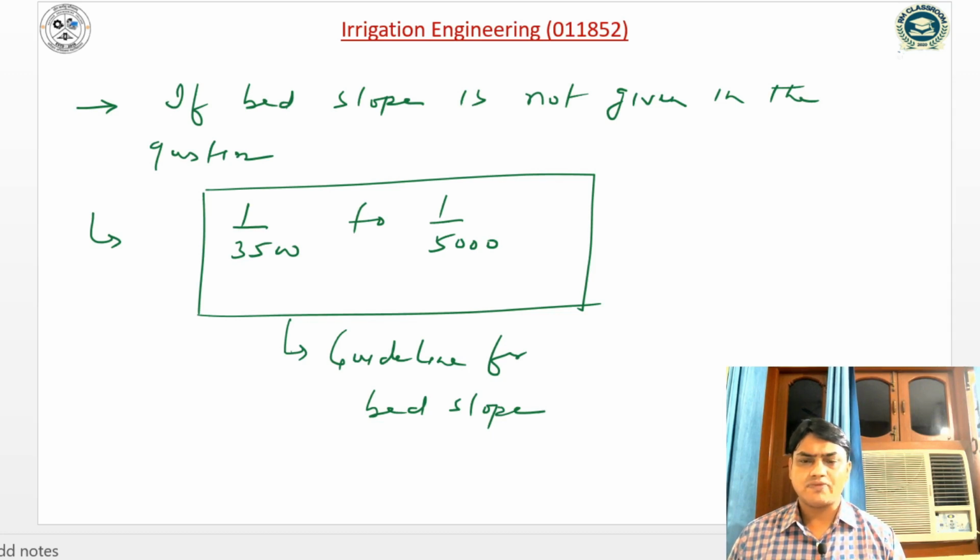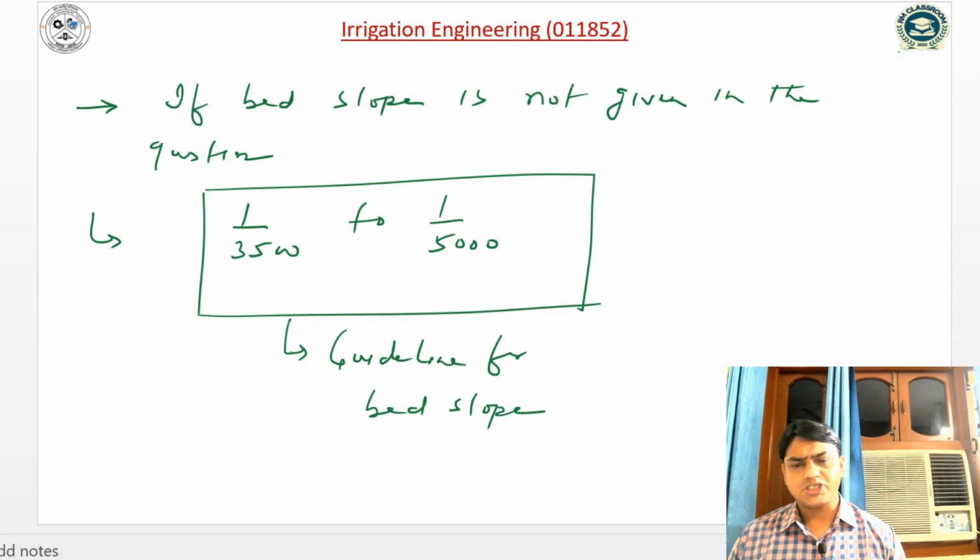The next step is to find the actual mean velocity by using Manning's equation or Chezy's or Kutter's equation. Generally we prefer Chezy's equation as compared to Manning's equation. Chezy's equation is V is equal to C square root of RS, where C is the Chezy's coefficient, R is the hydraulic radius, S is the bed slope.